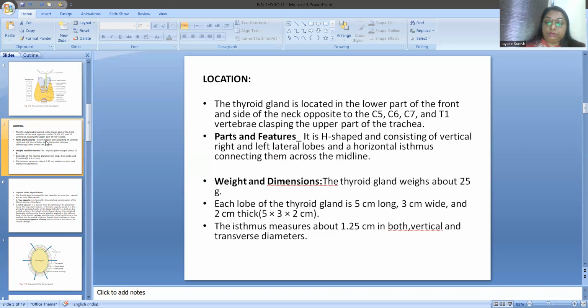Weight and dimensions: the thyroid gland weighs about 25 grams, and each lobe is 5 centimeters long, 3 centimeters wide, and 2 centimeters thick. The isthmus measures about 1.25 centimeters in both vertical and transverse diameter. So we can see the dimensions of both the vertical and horizontal parts of the thyroid.